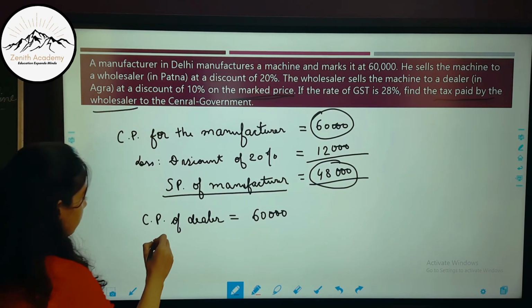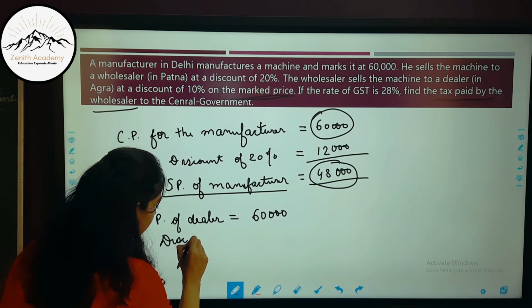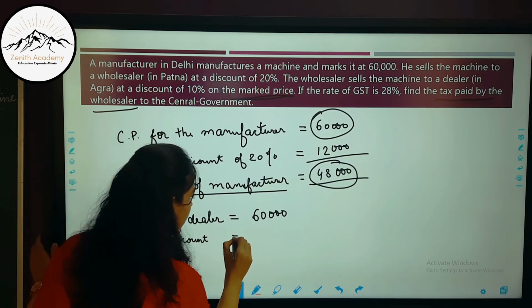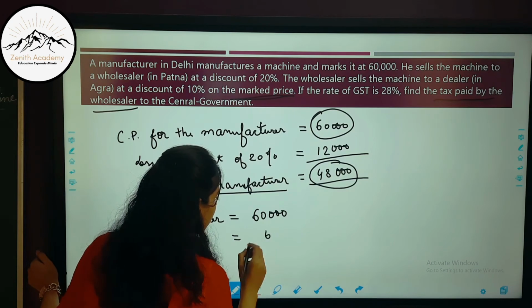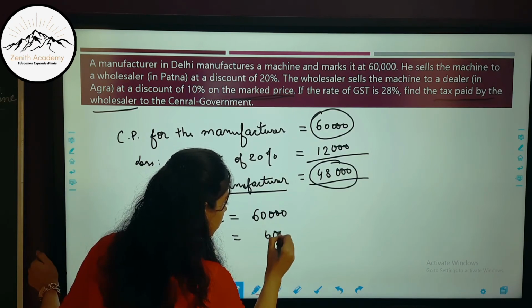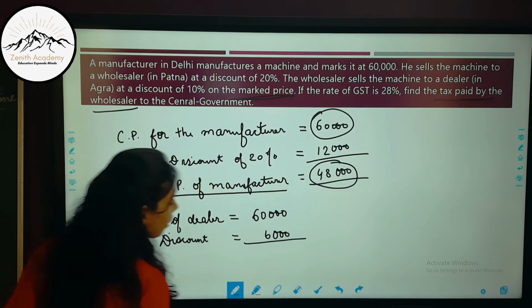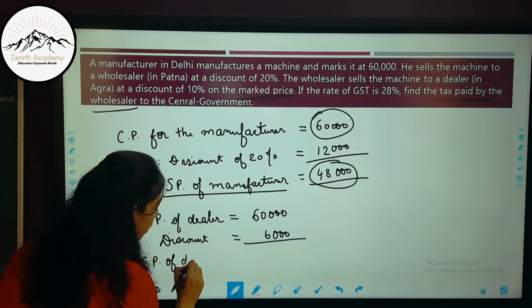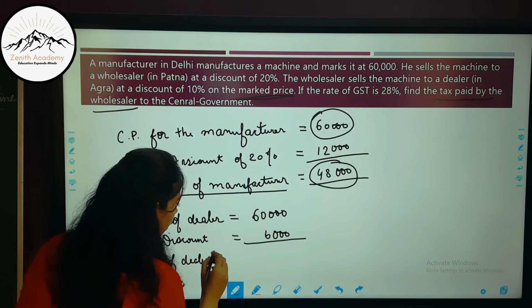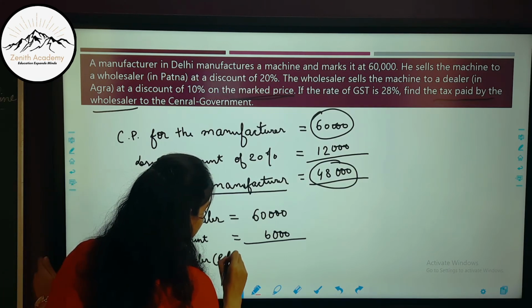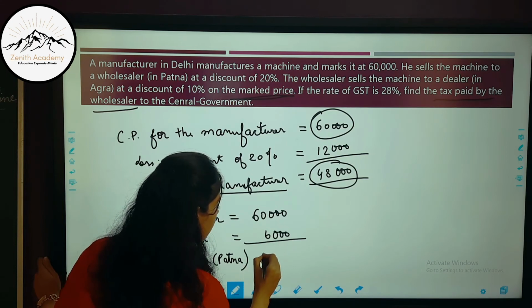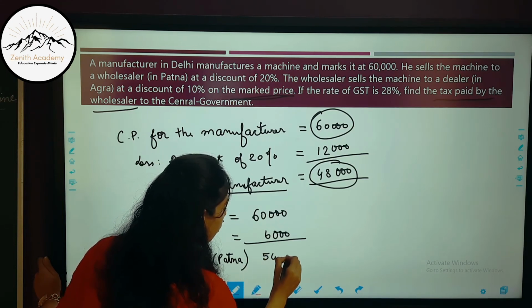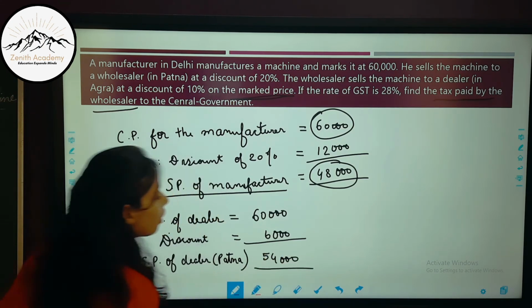Discount is 10%. So 10% of 60,000 is 6,000. So the selling price of the dealer in Patna, okay, is 54,000. Correct?